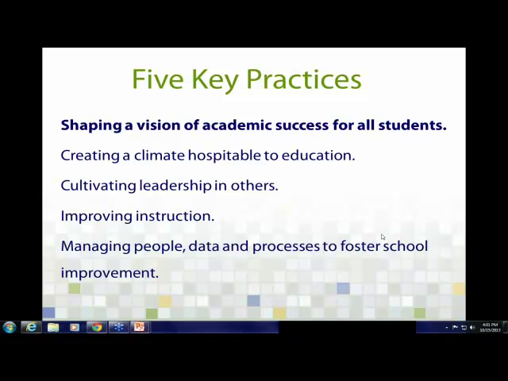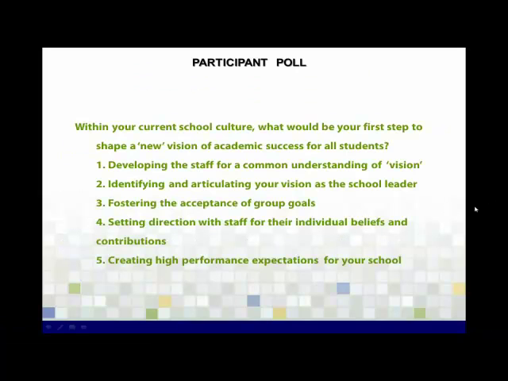But before we start that practice, we're going to take a poll. And the poll is on your screen, so take a moment and look at this. The question is, within your current school culture, what would be your first step to shape a new vision of academic success for all students? If you were trying to improve your school's vision, really focusing on academic success, what would be your first step?